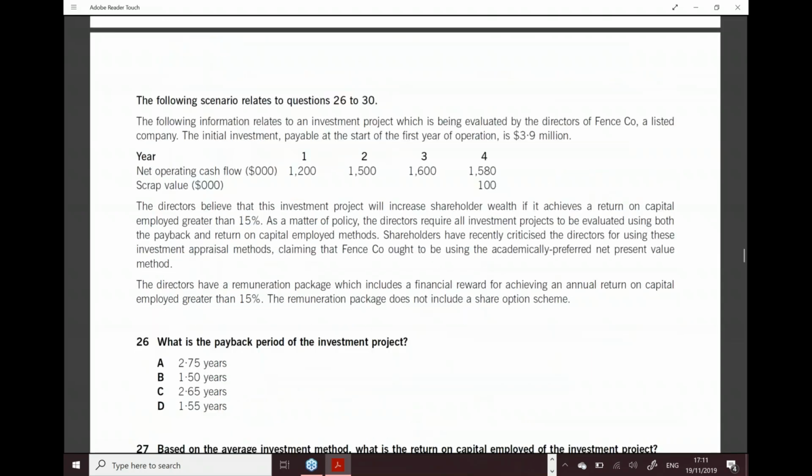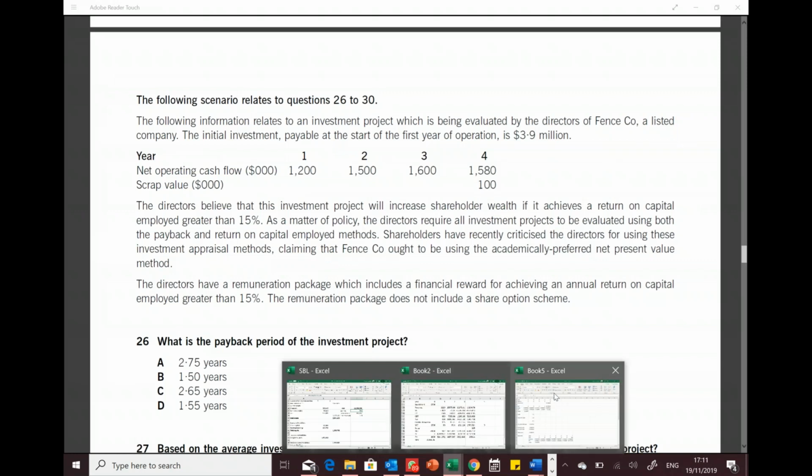Okay, so back again to NPV based calculations. What is the payback period for this project? To work out the payback period, one of the easiest ways is to work out the cumulative cash flows.